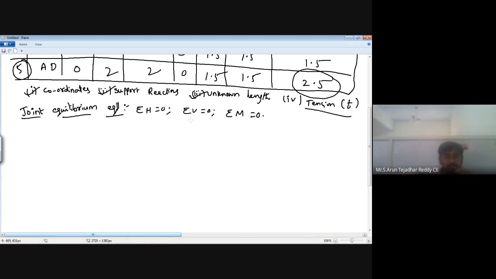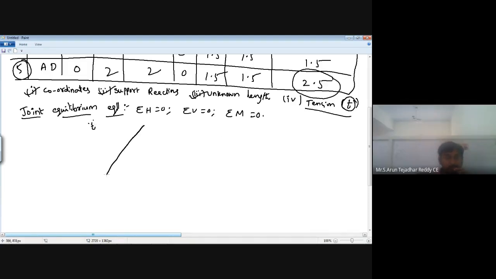By using these, we can find the tension coefficient small t. Earlier we also discussed the formula, how to take a joint, and what to do if your member is inclined. Everything we discussed in the previous class, the concept of the method of tension coefficient. Now, take any one joint. In that joint, we can calculate the tension coefficient small t.